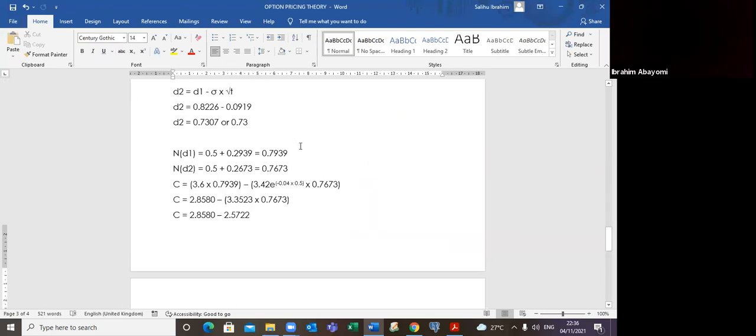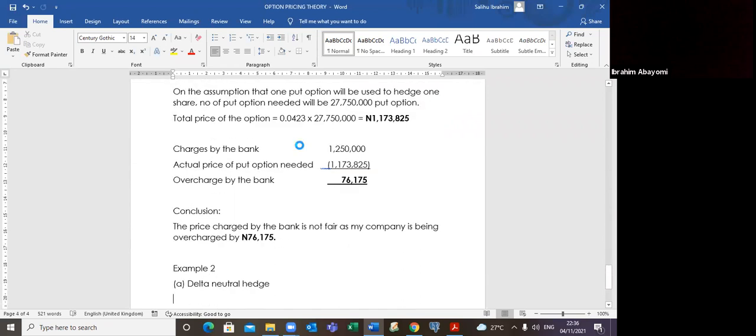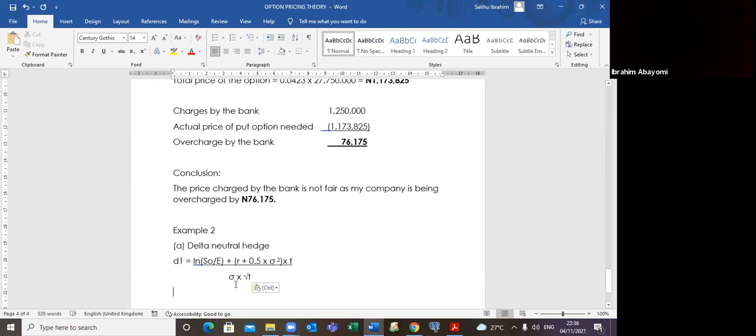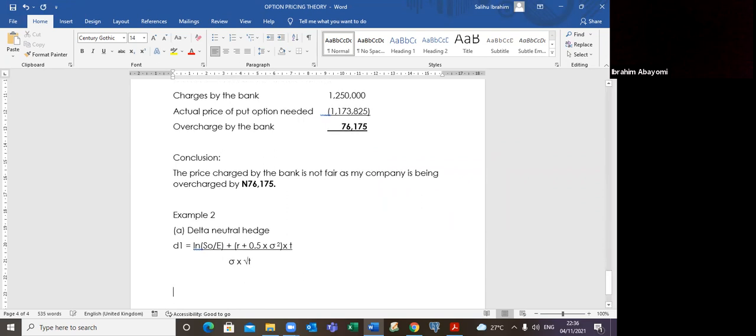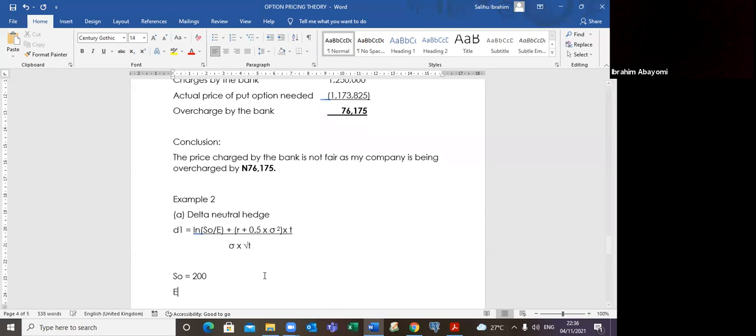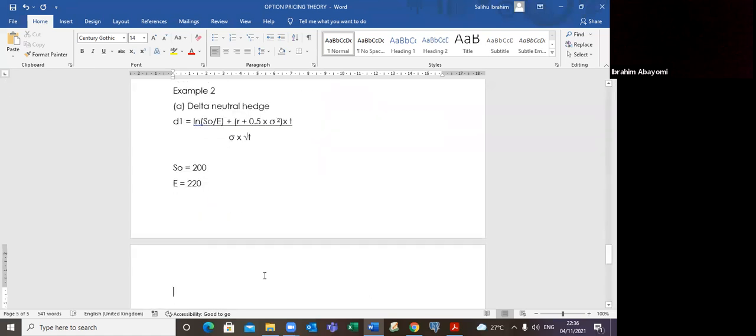This is the formula. So I write out my variables. What is my S0? S0 is 200. Where's my E? E is 220. What's my standard deviation?